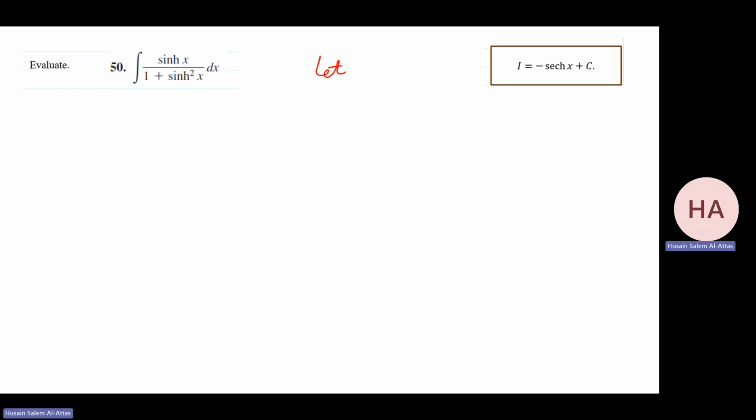I know the identity: cosine hyperbolic square minus sine hyperbolic square is equal to 1. So that means cosine hyperbolic square is 1 plus sine hyperbolic square.